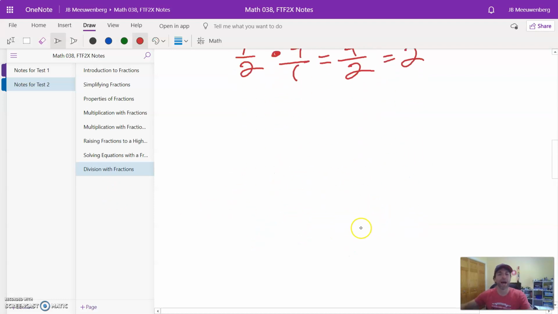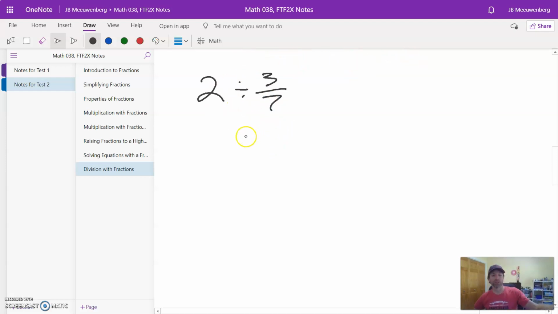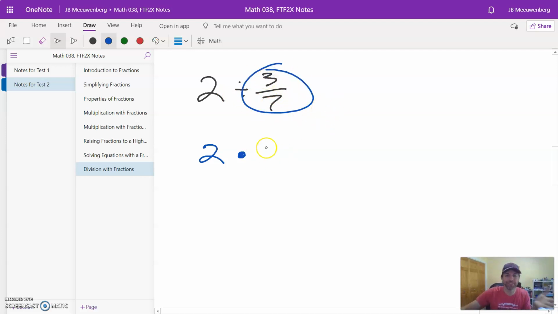All right, so let's apply that to a couple different situations. Let's say we have 2 divided by 3/7. So we have a whole number divided by a fraction. You're going to take the first number and then multiply it by the reciprocal of whatever comes after the division sign. 7/3.